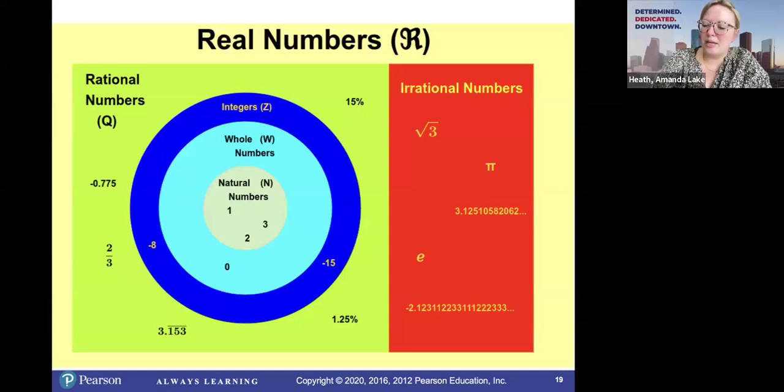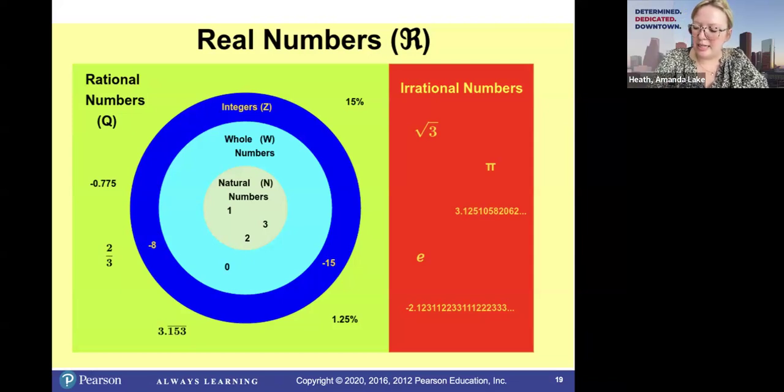So this square represents all of the real numbers. And then inside, we start with the natural numbers, which are our counting numbers, starting at 1, and then the whole numbers are those same counting numbers, including 0. Then integers are the negative and positive counting numbers.